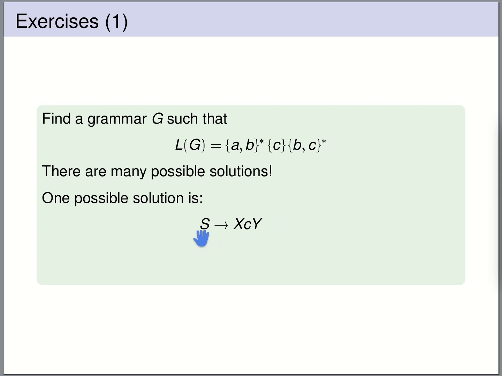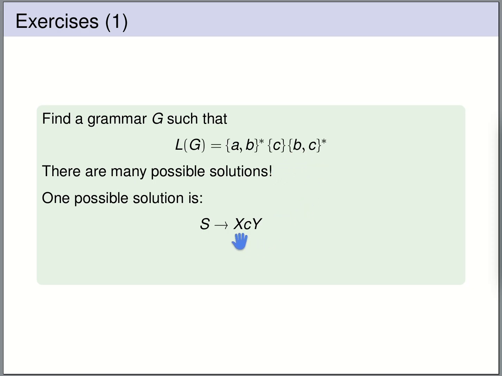We start with a starting variable S, and we say that S rewrites to X c Y. So X and Y are variables again. And as you can guess, this c is the c here. We will use the X to generate an arbitrary word over {a,b}, and we will use the Y to generate an arbitrary word over {b,c}.